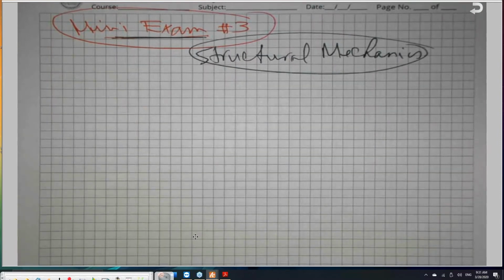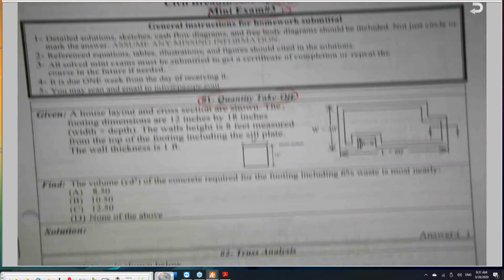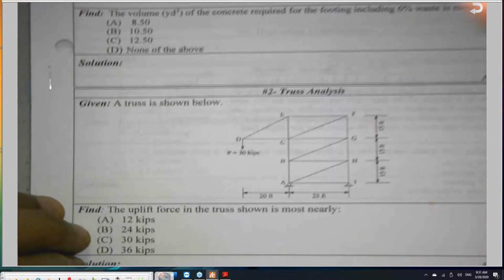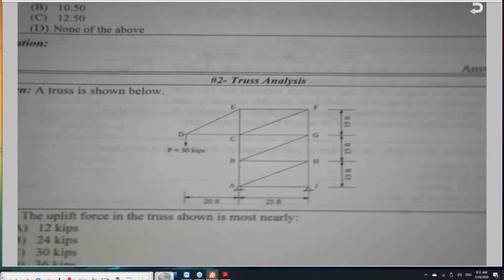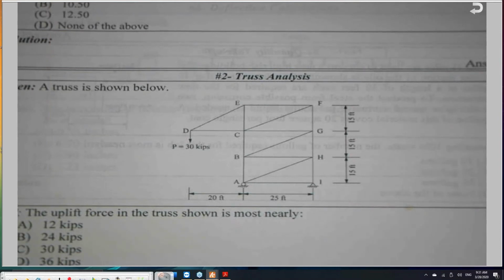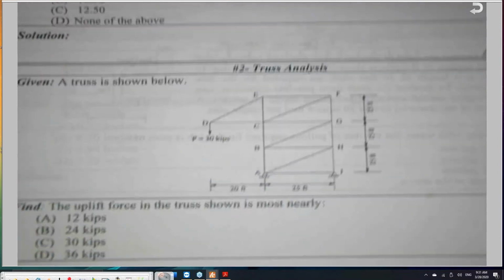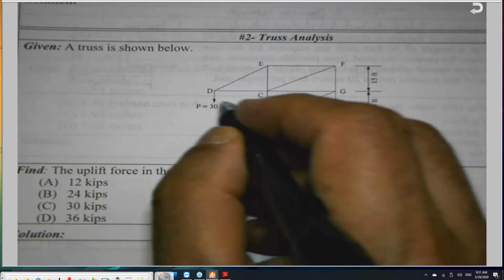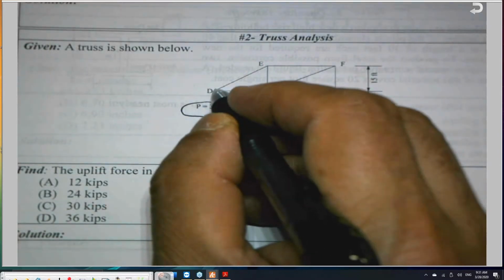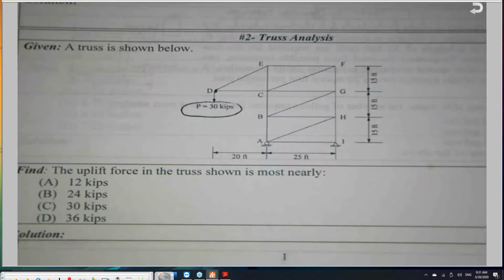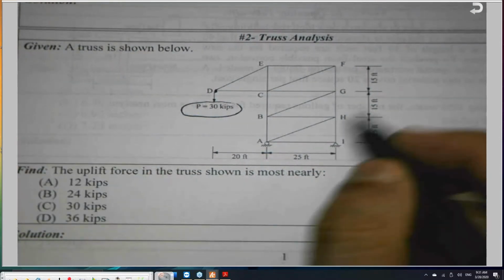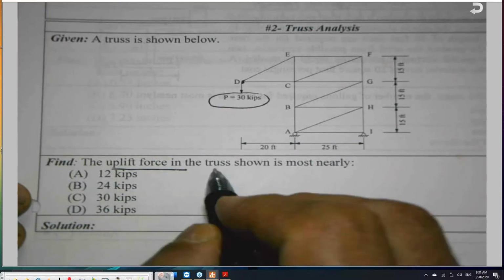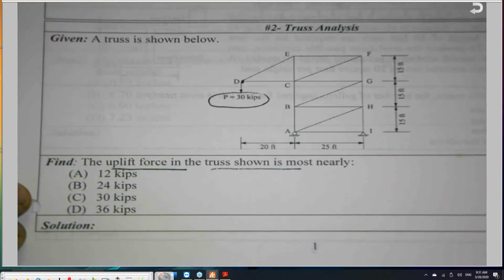So when you receive this mini exam number 3, if you have it already, that's good news. You will find there is a problem shown here. It is a truss problem. The truss is given, and we have one concentrated load acting at joint D, and the dimensions are given, and he's asking what is the uplift force in the truss shown, most nearly.